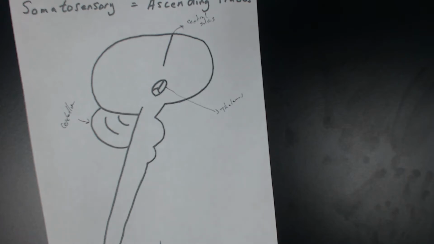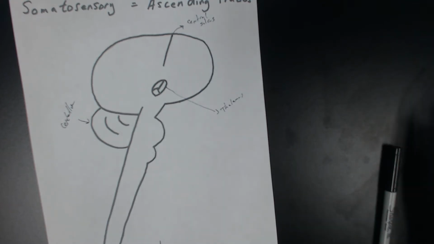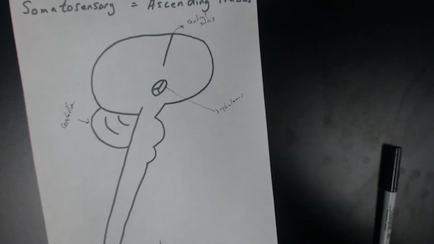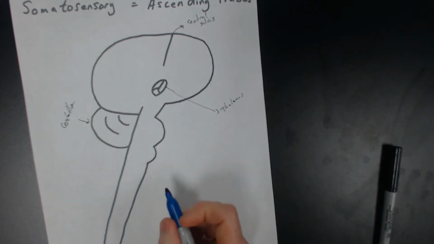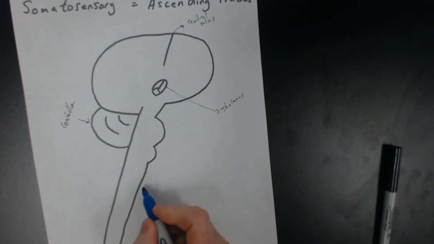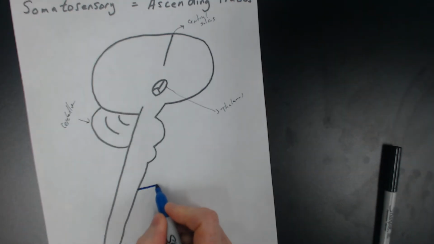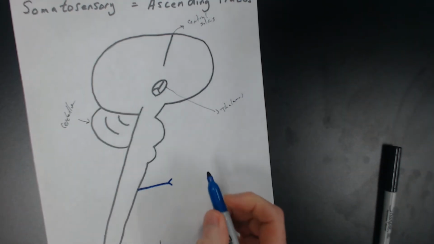What I'd like to do is go ahead and start with the somatosensory information coming in, the afferent information, and for that, what we talked about before is the two somatosensory tracts.